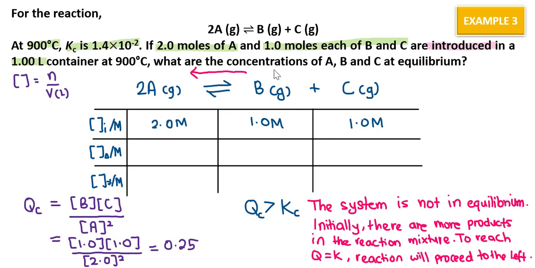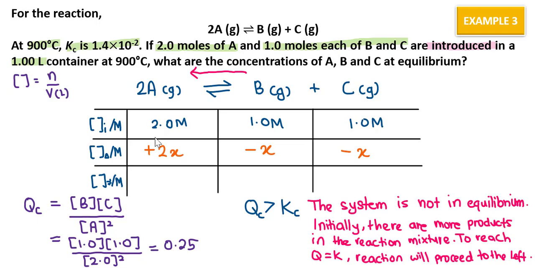So, since the reaction proceeds to the left, the reactants will form and the products will decrease. We have 1 mole of B, so B will decrease by x. C also decreases by x. And A, we have a stoichiometric coefficient of 2 in A, so A will increase by 2x.